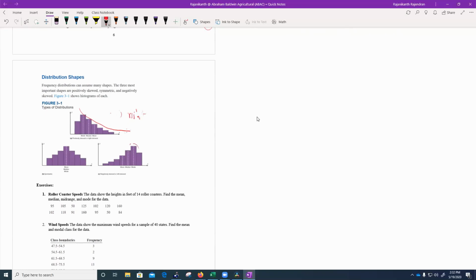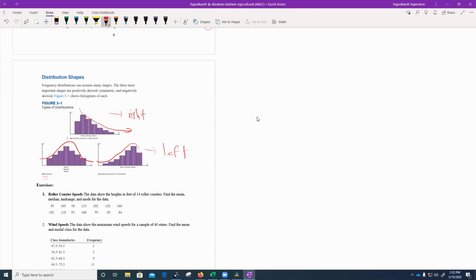If you look here, the data set is now going to the left side of the peak. So it's going to be left skewed, and this is a symmetric curve, right? That is why it is symmetric. This is the catch. If you have a symmetric distribution, then mean, median, mode are the same number, right?